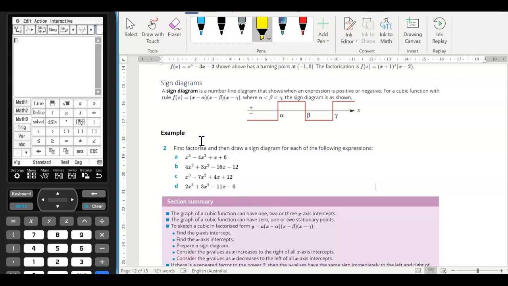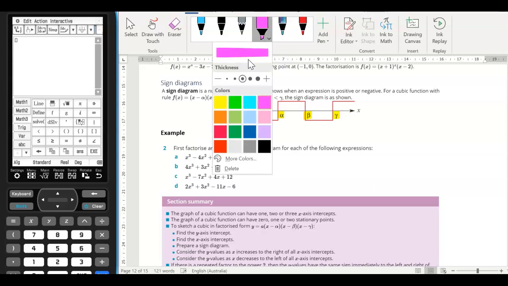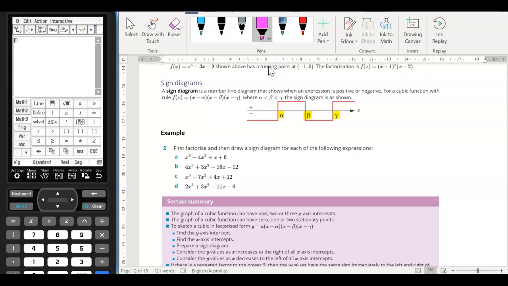So what we've got here is 3 x-intercepts, okay? And with this sign diagram we're below the x-axis until we get to alpha, and then above until we get to beta, and I think this symbol is gamma, and then we're back above again.